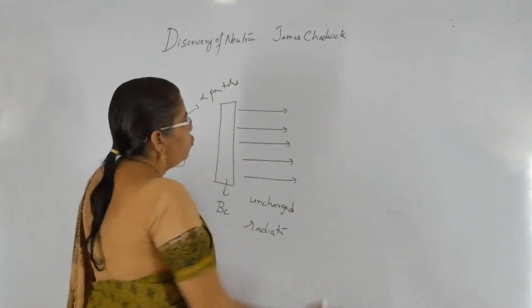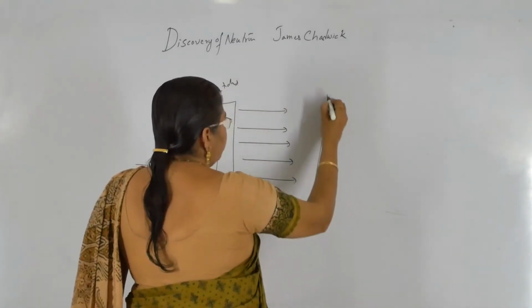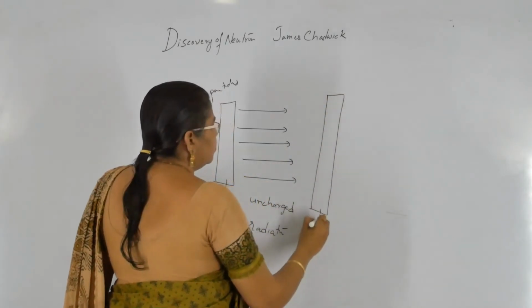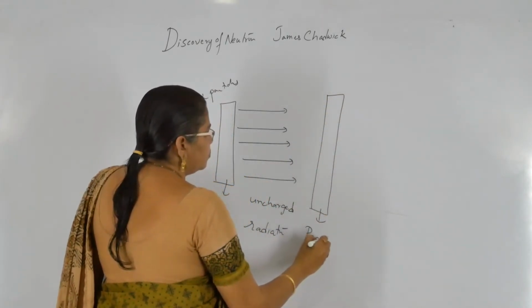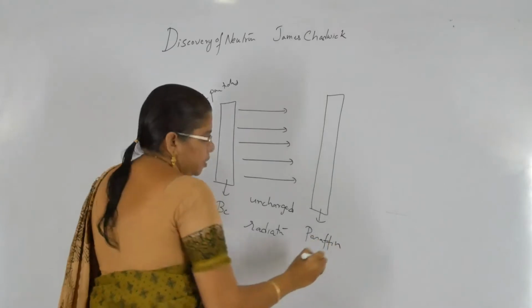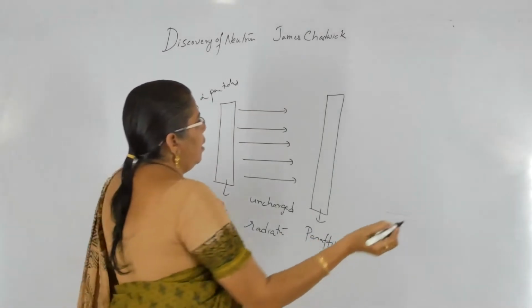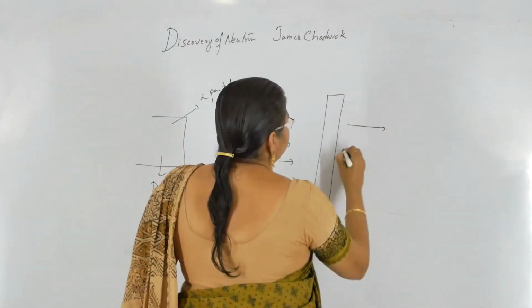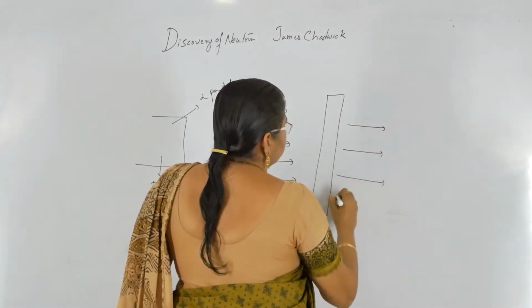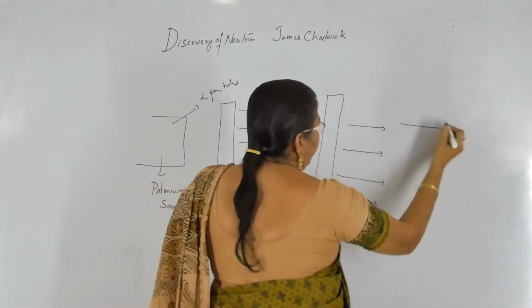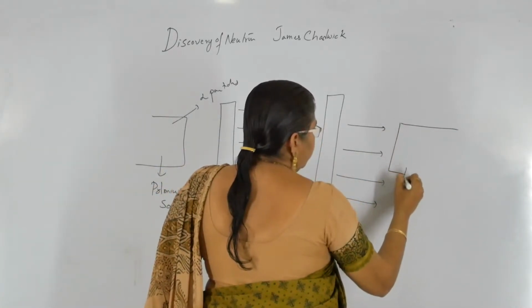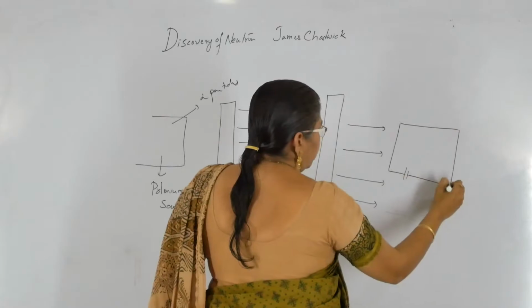This is allowed to fall on a paraffin-like material which contains most of the protons, and this radiation was detected by means of a GM counter.